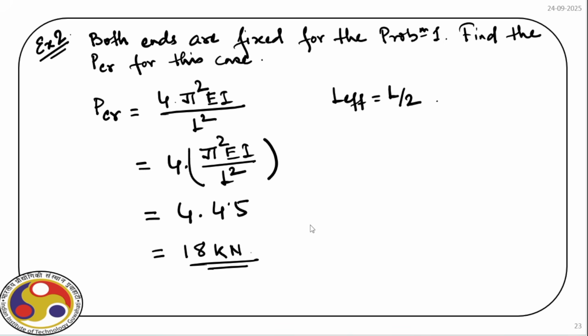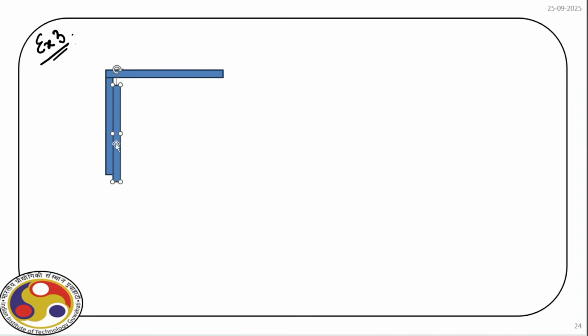Okay. So now let us consider a different problem. So this is example 3. Now in this example, we have a weightless beam which is actually supported by 2 columns at the end. So this is the arrangement.